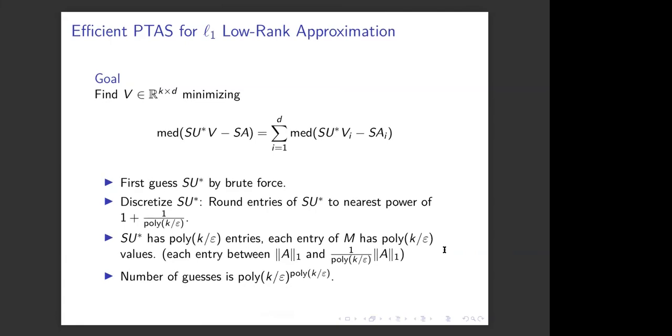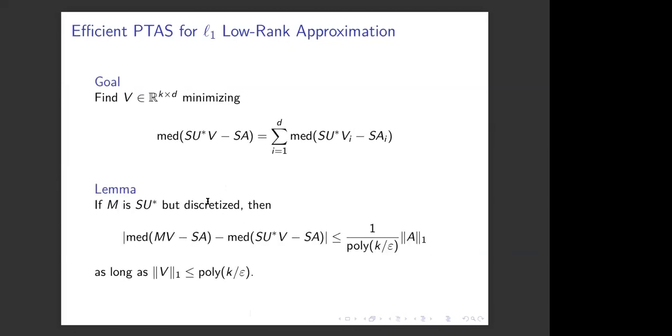So one technical issue here, which we won't go into the details of, is that when you do this rounding, you don't want the error to increase by too much. So here's a technical lemma which we showed in our full paper. SU star is the original matrix and M is the discretized version of that matrix.